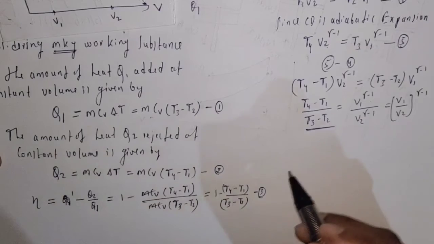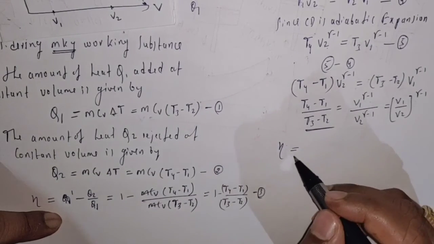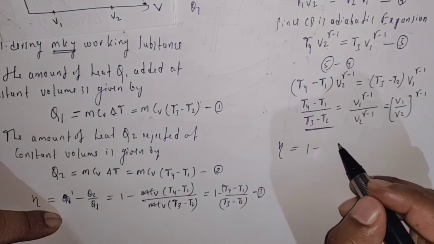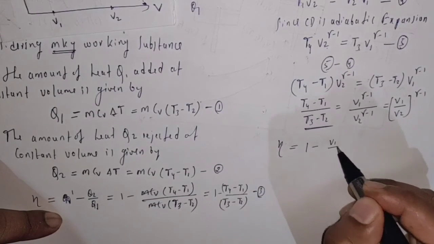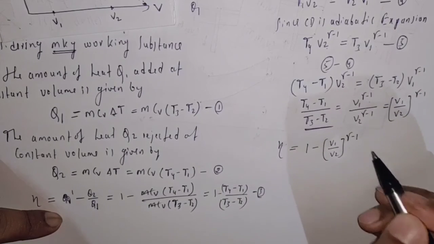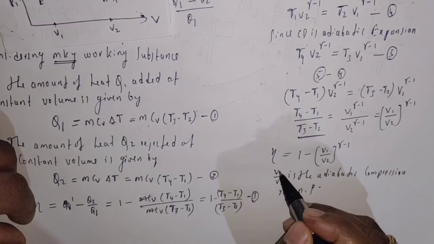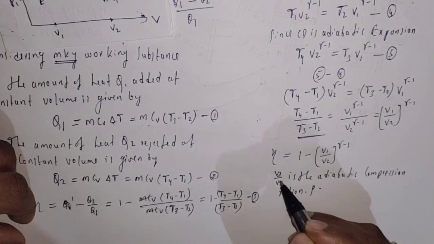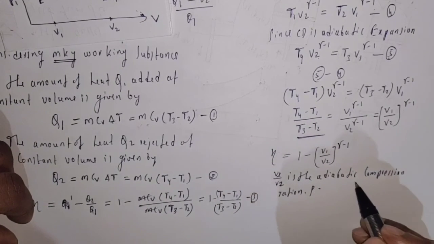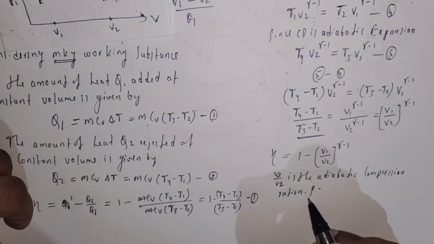And from equation 3 I am going to write eta is equal to 1 minus (V1 divided by V2) power gamma minus 1. And one more thing, V2 divided by V1 is the adiabatic compression ratio, and we denote the adiabatic compression ratio by rho.